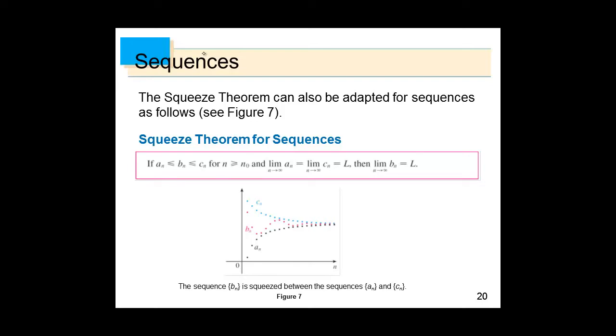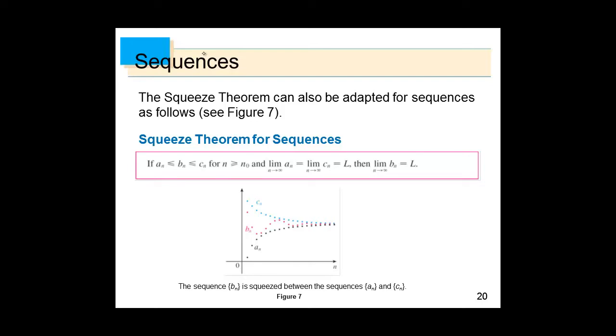So suppose that we have a_n, b_n, and c_n that follow this order. a_n is less than b_n, b_n is less than c_n. I am going to call a_n a lower bound for b_n, and c_n an upper bound for b_n.